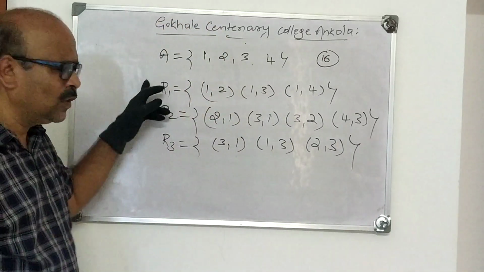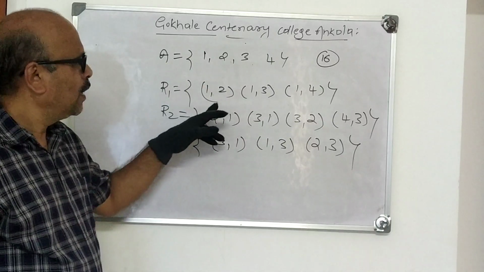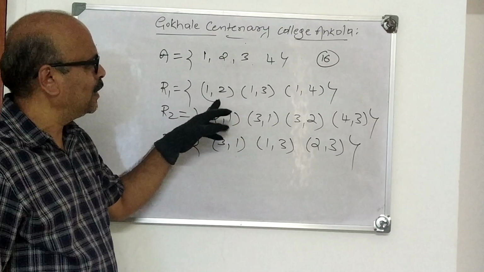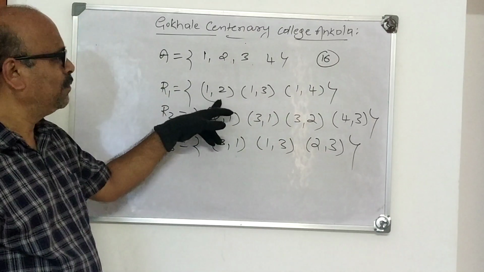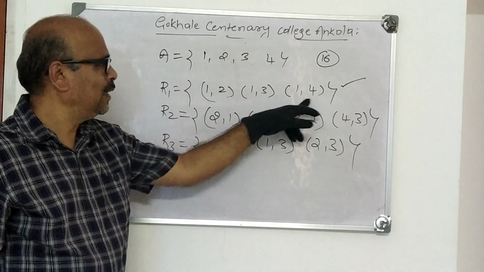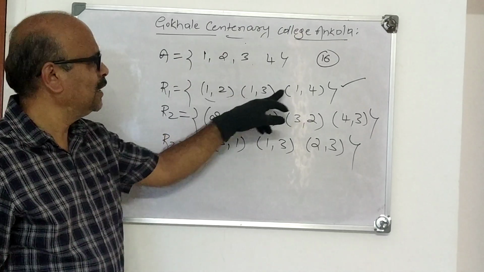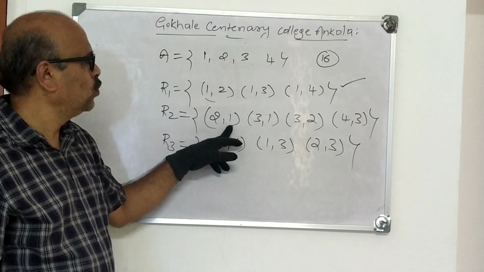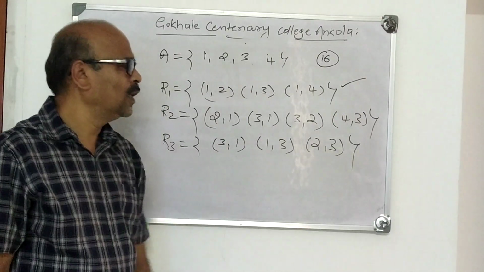Now all these R1, R2 are relations in a set A. Here you can easily understand what is the specific relation. The relation is less than in the first one, because (1,2) means 1 is less than 2, 1 is less than 3, 1 is less than 4. Here it is greater than: (2,1) means 2 is greater than 1, 3 greater than 1, 3 greater than 2, 4 greater than 3.